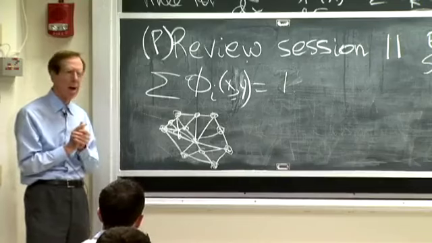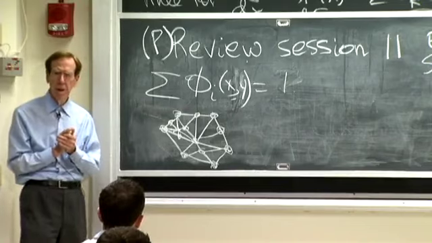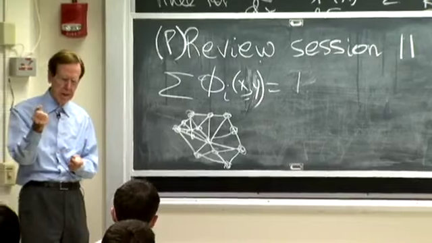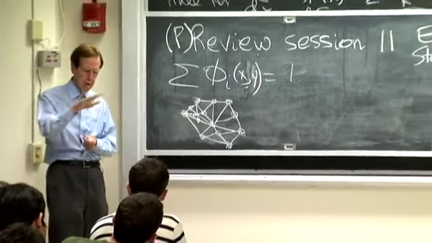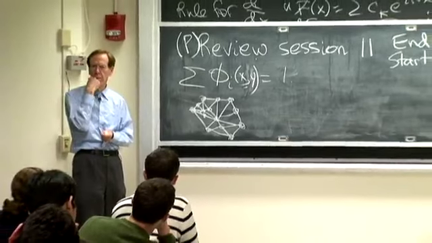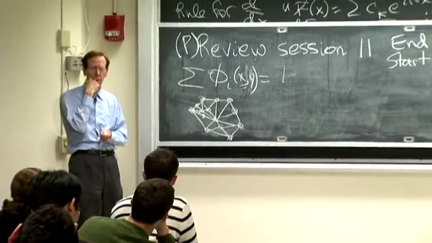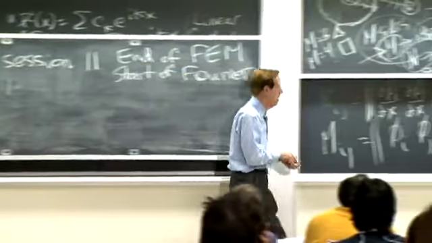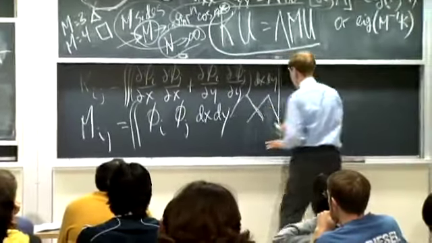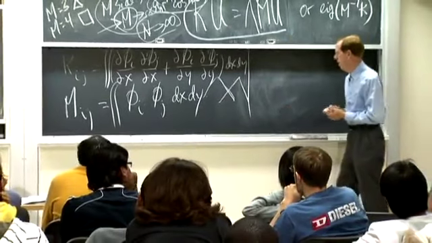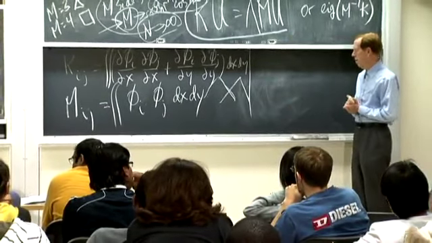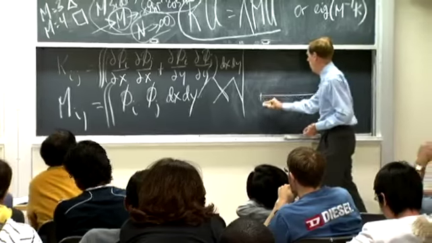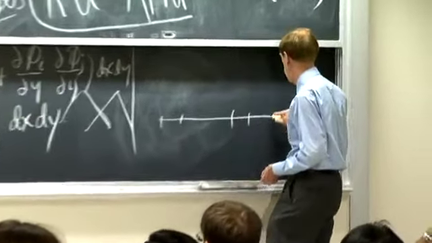Any thoughts about this? Why should all those individual pyramids add up to a flat roof? Why did it work here? Does it still work if the nodes are not equally spaced?